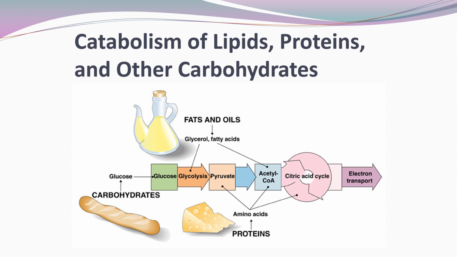So carbs and glucose will give us the most energy, kind of more bang for your buck, if you want to think of it that way. It's just other macromolecules are going to produce less energy than carbs, but they're still good.